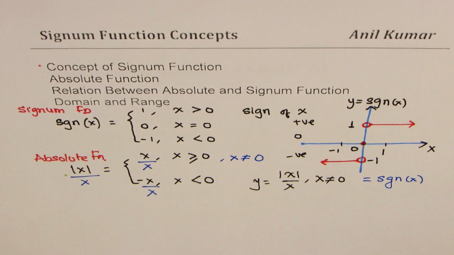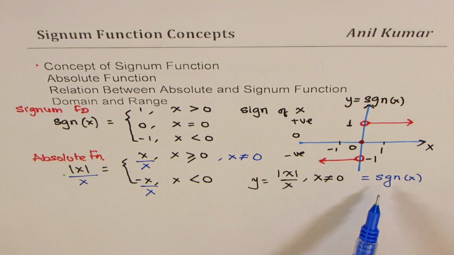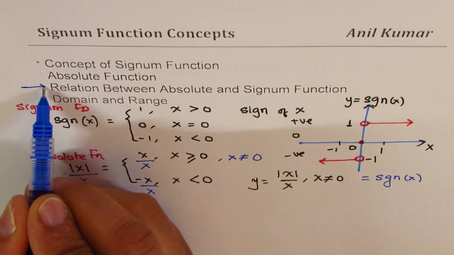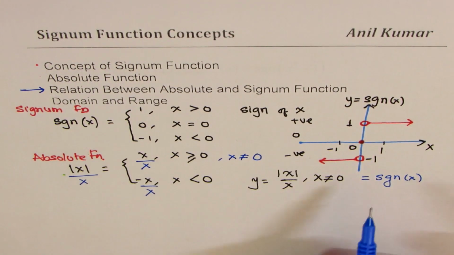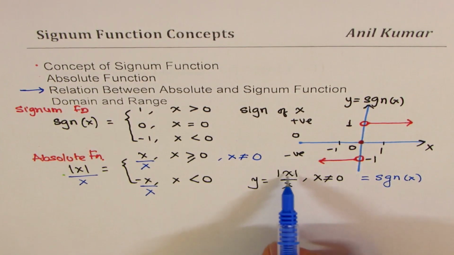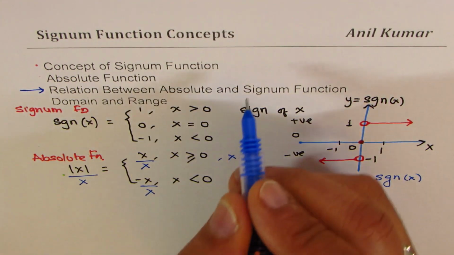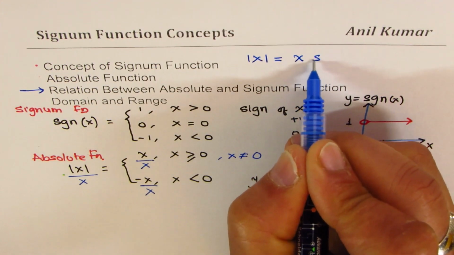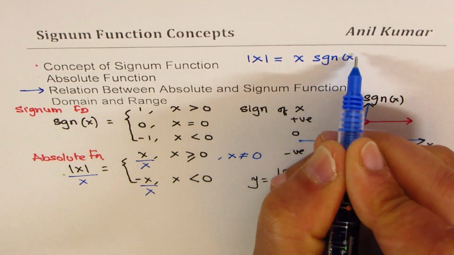So the very important relation between Signum and absolute function, which is the point we're discussing, is that we could actually write the absolute function as x times Signum function.